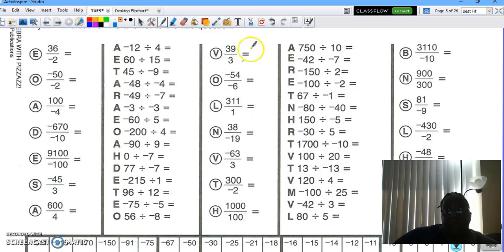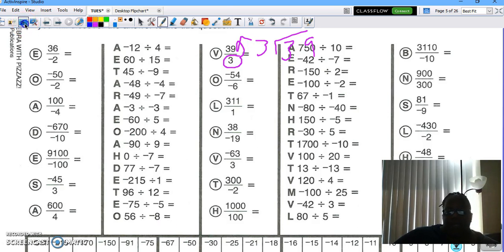Okay, so remember when we were looking at fractions, fractions mean division too. Fractions is just another representation of division. So if you want to look at it in the manner that you're used to, 3 will go into 39. Or 39 divided by 3. So it looks like this. Okay? Again, you use multiplication chart, bottom number, see where the top number is.